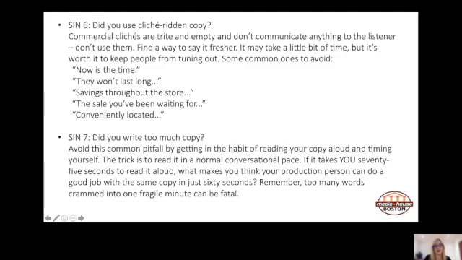Remember, too many words crammed into one fragile minute can be fatal. Again, the average for 30 seconds is 90 words, okay? So try to stick to around that when you're writing an ad for 30 seconds. Or again, simply time yourself when you're done writing the copy, so you can have an idea of how long it is.